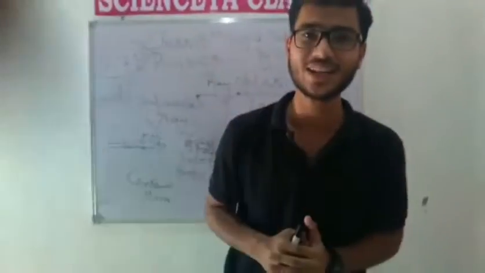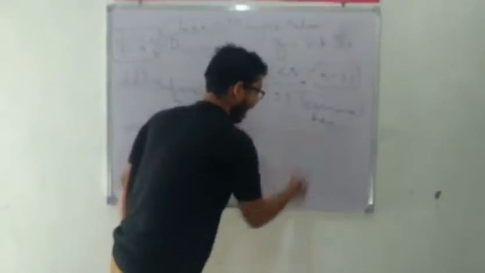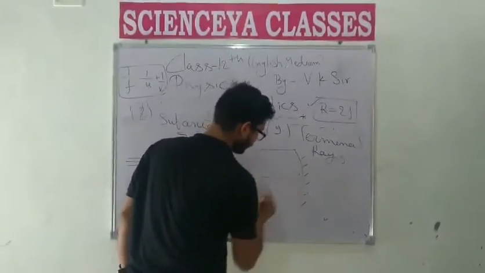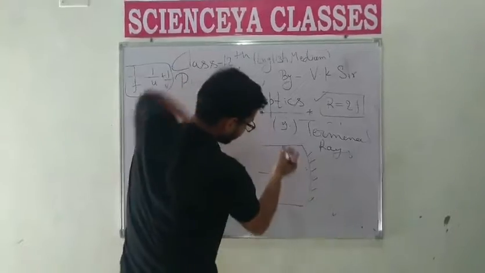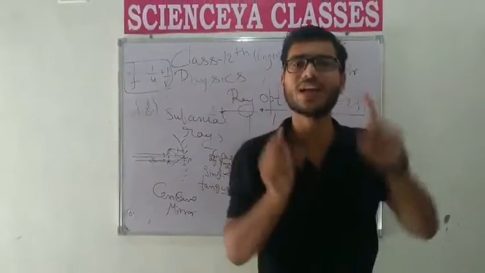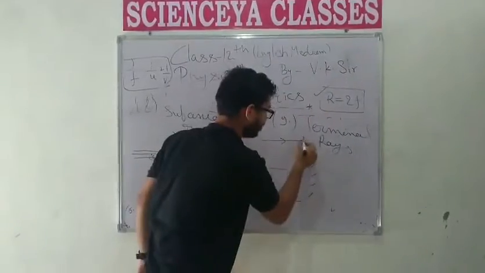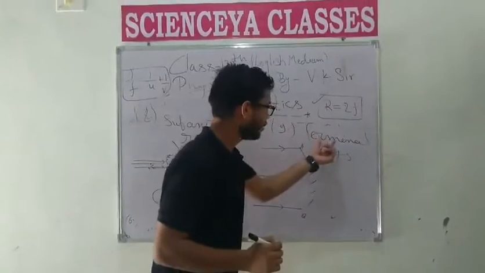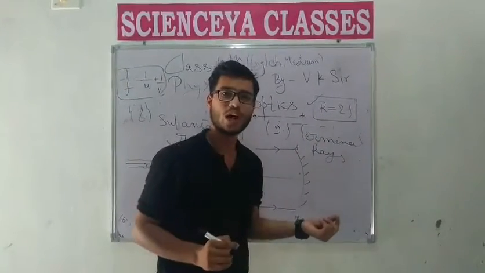So students, what are terminal rays? Terminal rays are rays parallel to the principal axis, but they are incident on the concave mirror surface at the terminals of the mirror. Understand?